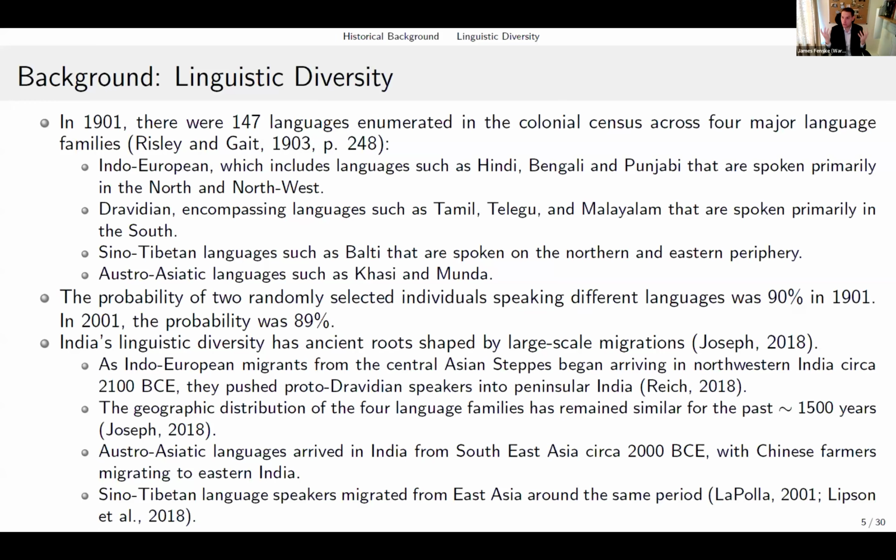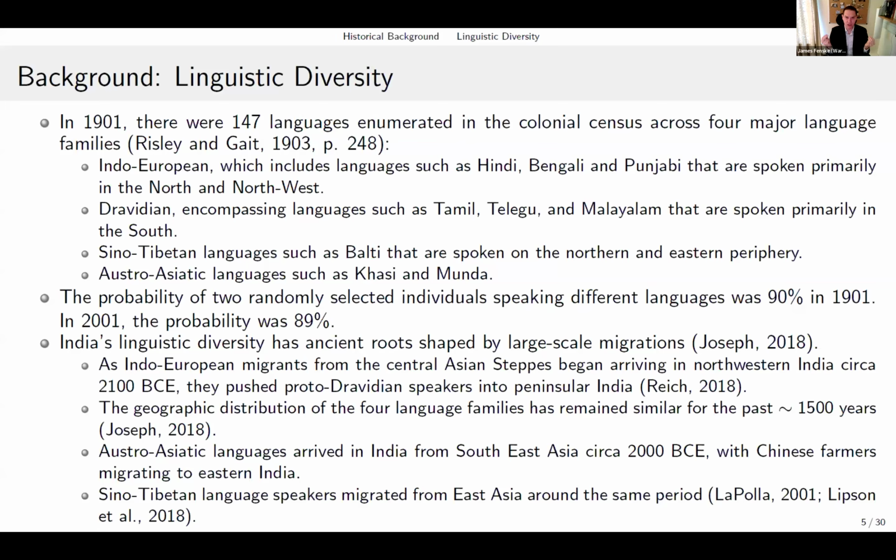If I were to look in 2001, despite the fact that there's no more Pakistan as part of India, despite the fact that there's no more Bangladesh as part of India, despite the fact that there's no more Burma as part of India, and despite the fact that the government promotes Hindi, I'd still get a probability of almost 90% that two randomly selected people speak different languages.